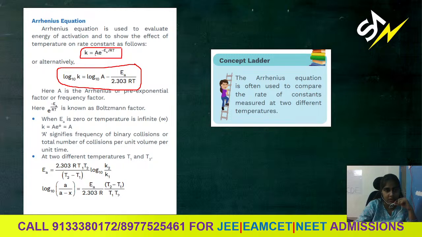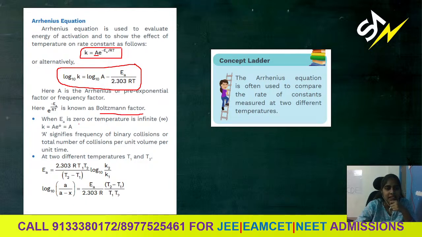So in order to equate everything, we are using a pre-exponential factor, that is A, and e^(-Ea/RT) is known as the Boltzmann factor.